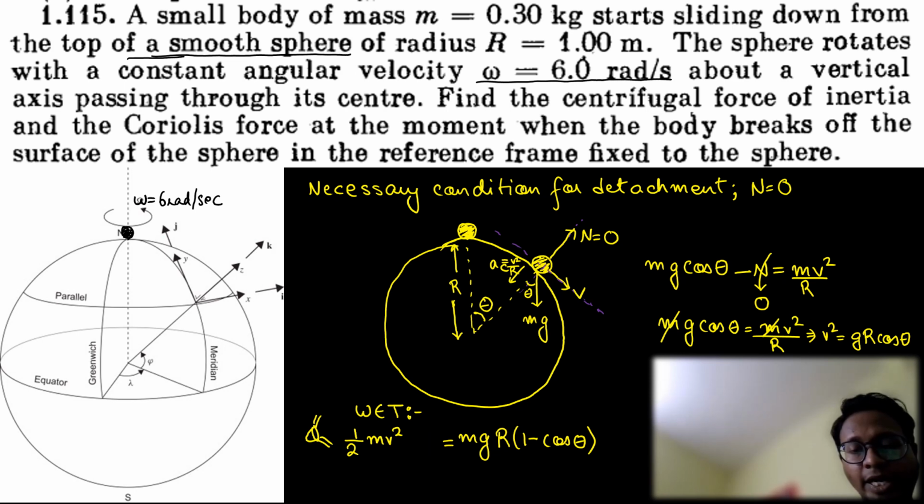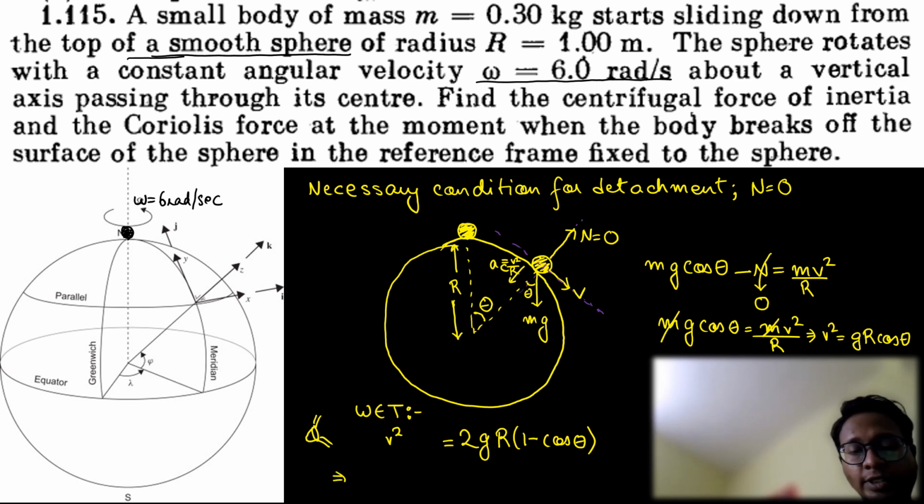The m and m get cancelled. Let's see what equation we get. v square by 2, I can take this 2 to the right-hand side, so v square is equal to 2 g r (1 minus cos theta).